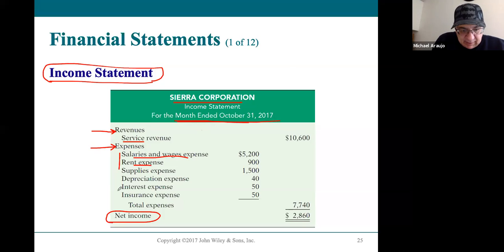There are 6 here specifically. It's very important to know that each of these 6 expenses are specific expense accounts. So expenses are a general category of account, but everything that you see here, from salaries all the way down to insurance, these are specific names of accounts.